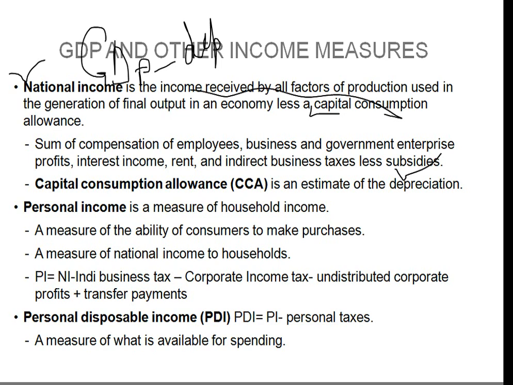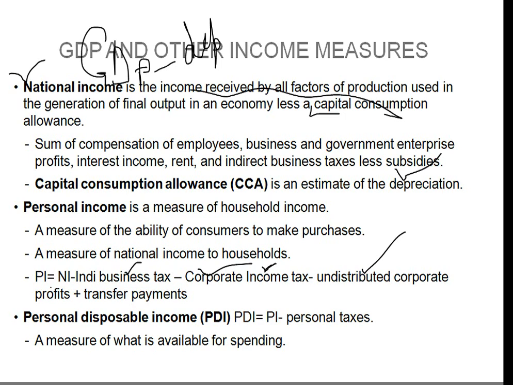So personal income is equal to national income minus indirect business taxes, minus corporate income tax, minus undistributed corporate profits, plus transfer payments. Corporate income tax we can see in corporate finance: corporations have their own taxation system, and the Central Bureau taxes corporations for their separate identity. Undistributed corporate profits are the profits which companies do not distribute. Transfer payments are what we get in the form of pensions, zakat, or anything we receive without consideration.